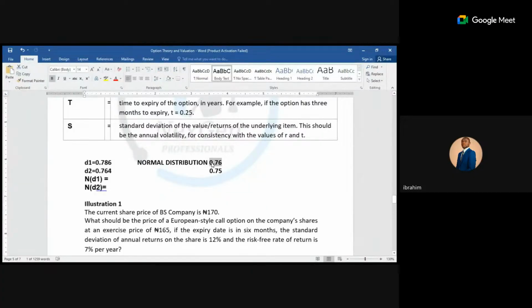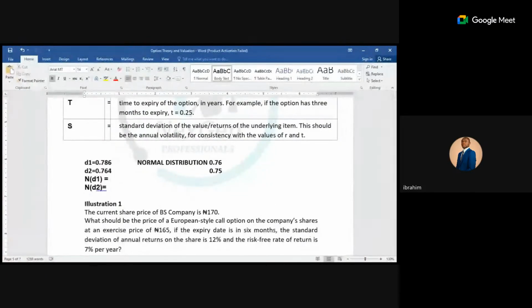Class, listen, please. If D1 is positive, D2 is positive, whatever you have from your distribution table, you will add 0.5.